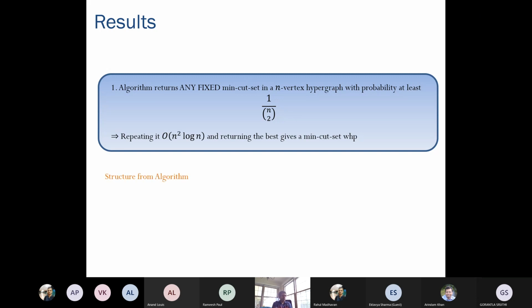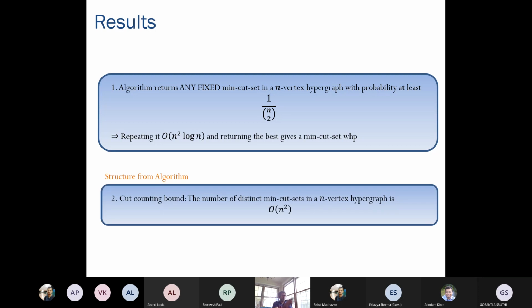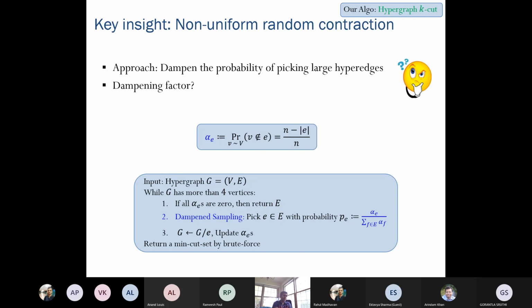And a structural consequence of the first result, the analysis, is that the number of distinct min-cut sets in an n-vertex hypergraph is at most n choose 2. Right. Okay, so this is about hypergraph min-cut, that is k equals 2.